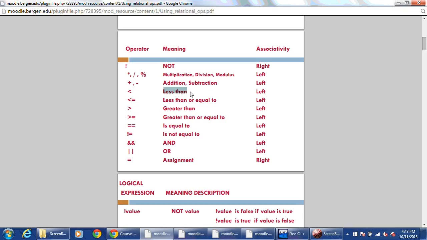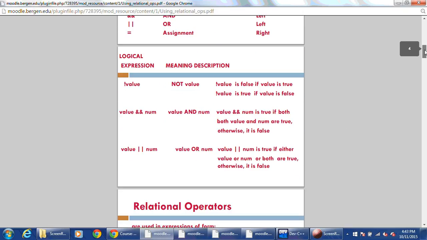And as you see here, we're repeating what I just said in the previous slide, what the meaning is. So less than or equal to, greater than or equal to, is equal to, is not equal to. And then the logical operator is not, and then the value, and the result is going to be the opposite.